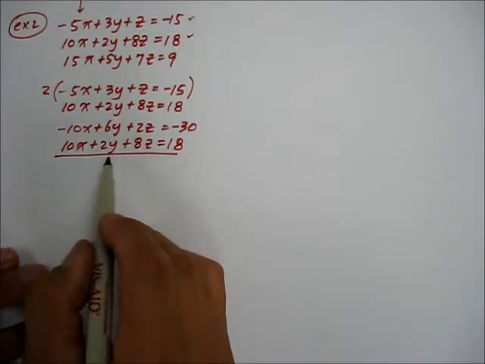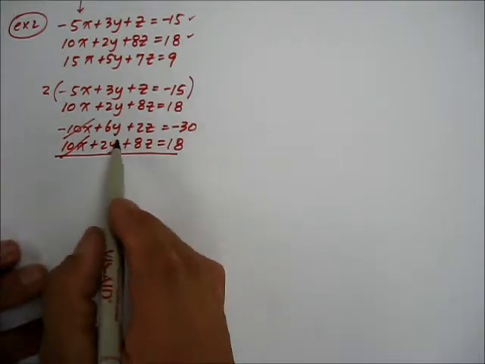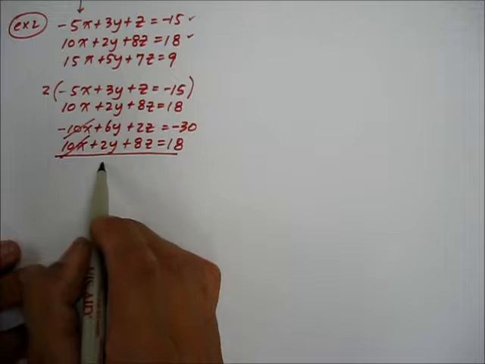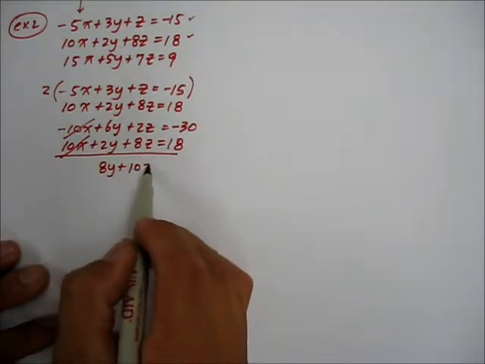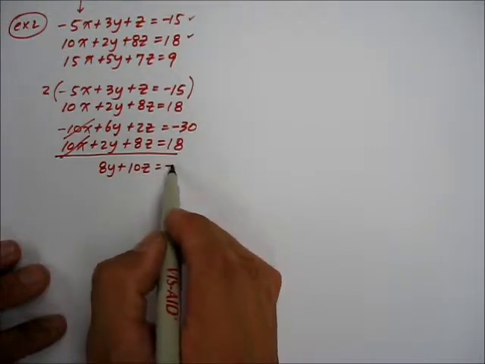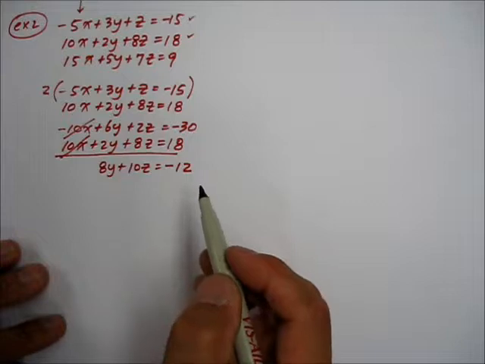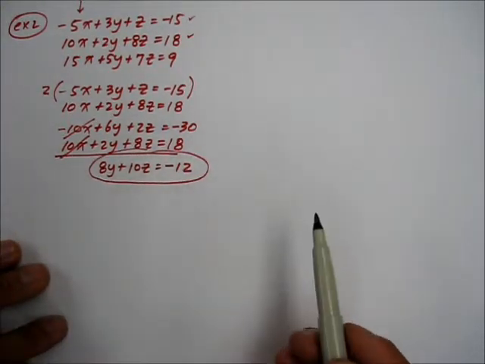Now, when I combine the two equations together, negative 10x and positive 10x zero out. What remains is 6y and 2y is 8y. 2z and 8z is 10z. And negative 30 and 18 combine to become negative 12. And I will save this equation.